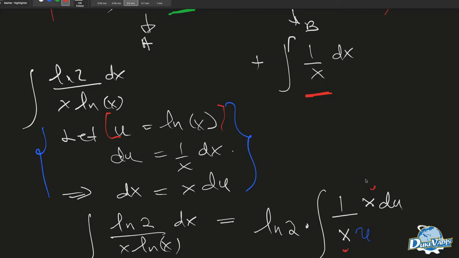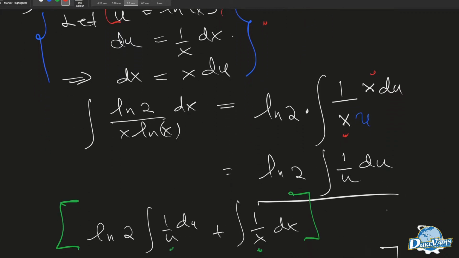Then we substituted u to be equal to the natural log of x. After differentiation, dx was x du. So we substituted this, you see in blue, into the equation, and we have natural log of 2 times the integral of 1 over x times x du. After further cancellation, we got natural log of 2 integral 1 over u du.